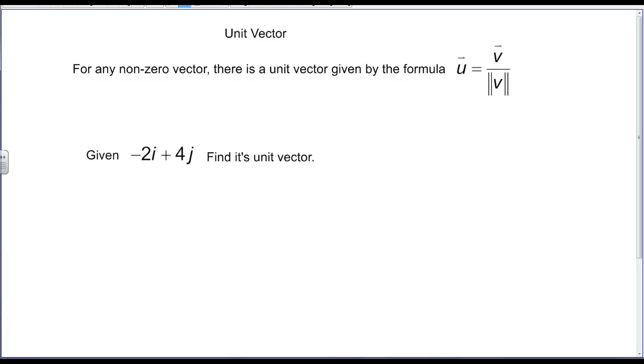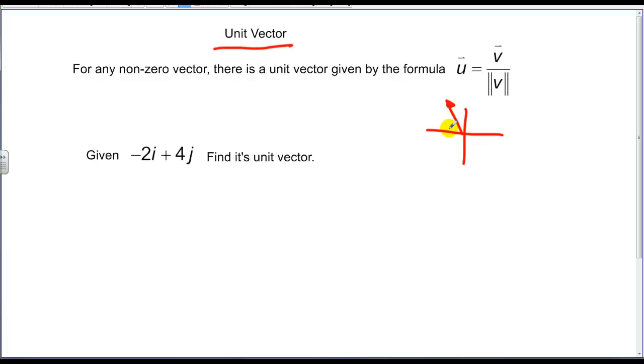Now if I want to calculate a unit vector, notice this doesn't say standard unit vector. This is a unit vector. For any regular vector, there is a calculation that I use: the vector itself divided by the magnitude will give me the unit vector. So here's the vector negative 2i plus 4j. So that's roughly this vector right here.